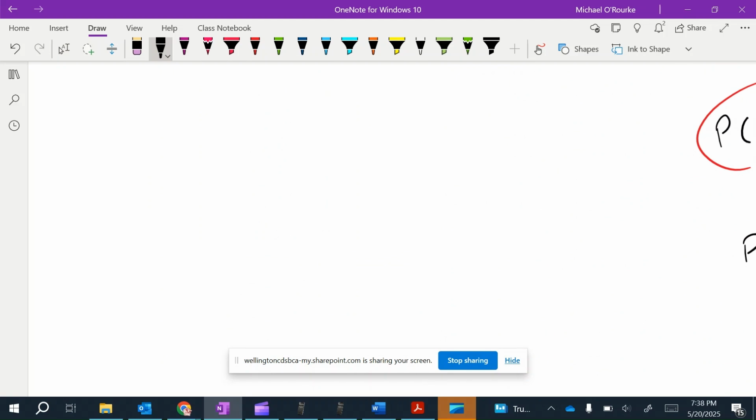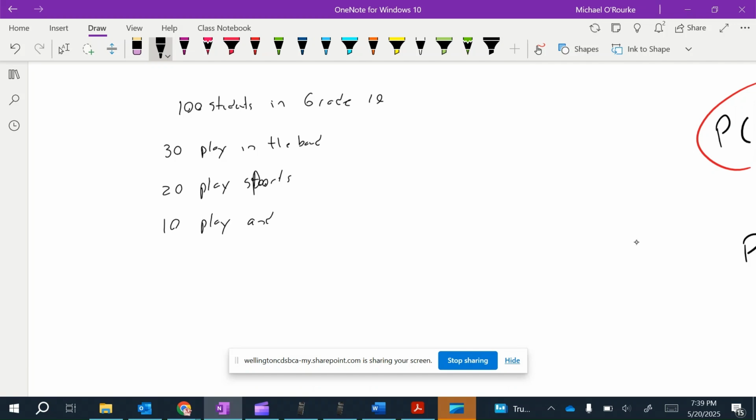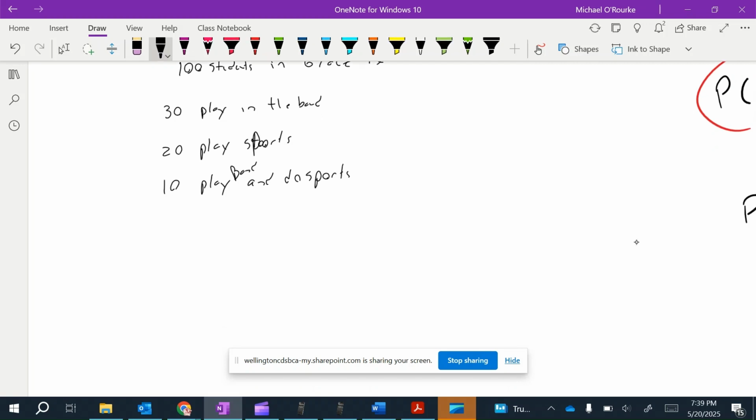Let's say I have a problem where there's 100 students in grade 10. 30 play in the band and 20 play sports, and 10 play band and do sports.